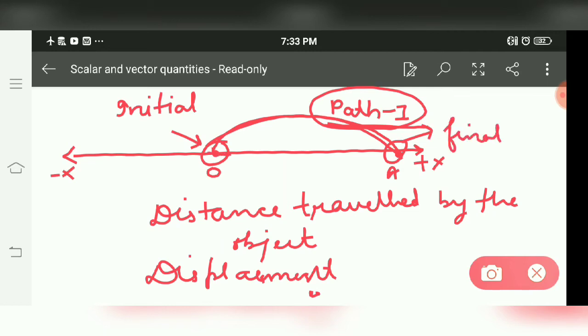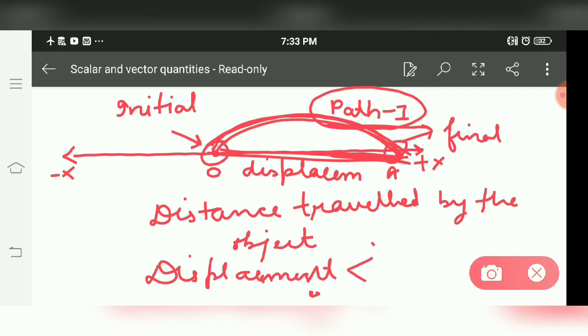So the shortest path between them is a straight line. So this is representing displacement. From here it is clear that displacement is smaller as compared to the distance. Distance is more, displacement is less. So displacement is less than distance.